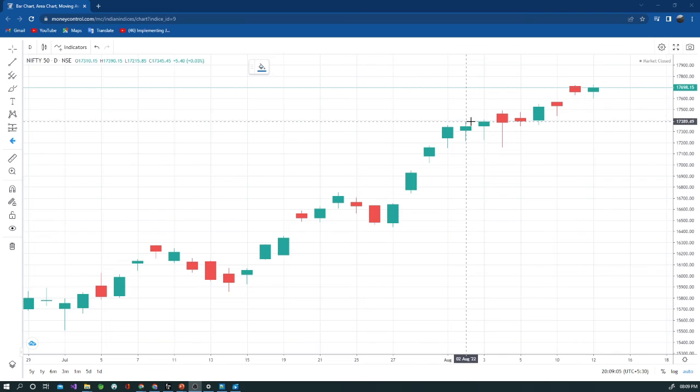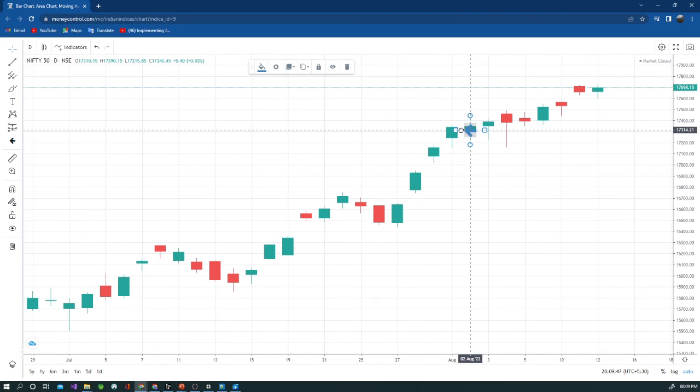And this is called the shadow, from here till here, and upwards from this point till this point is also a shadow of the body. So this candle is green, so the open price will always be at the low and the close price will always be above the open price. So this is our open price and this is our close price.